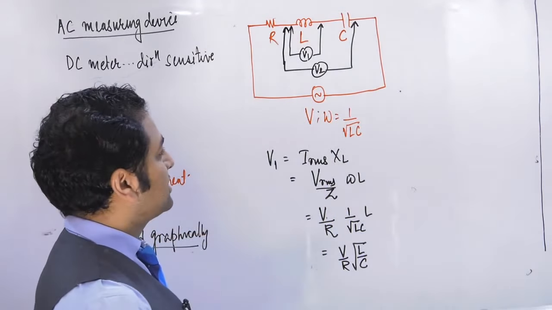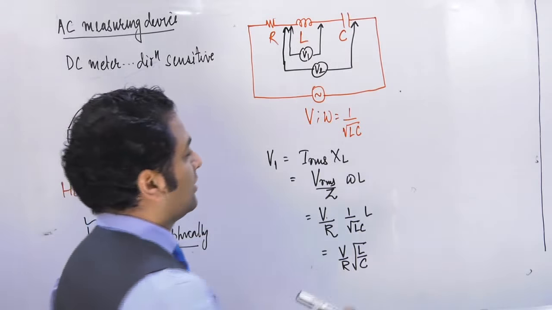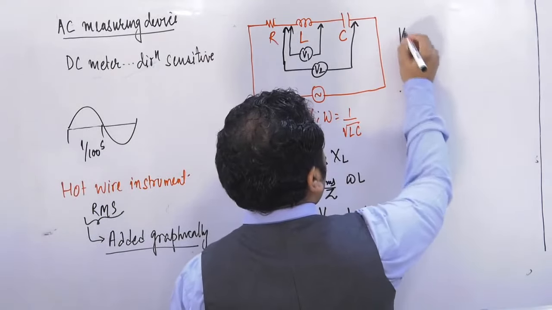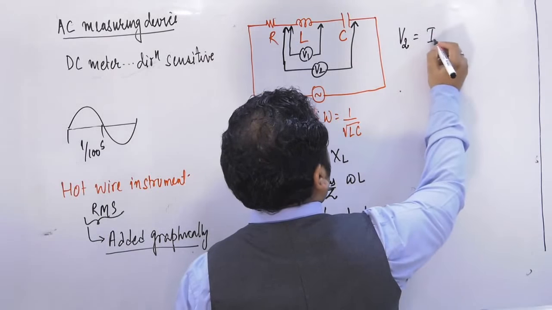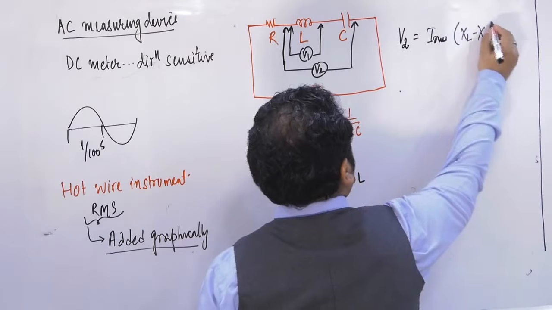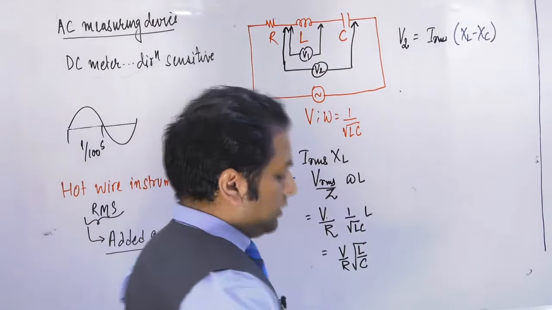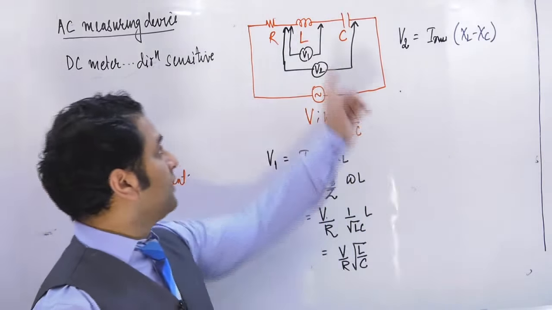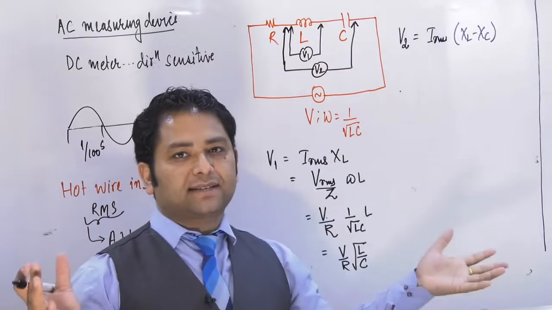And why? Let's try to see the reading for those. Look, the value of V2 will be equal to IRMS multiplied by XL minus XC. Remember, the net impedance of XL and XC is going to be XL minus XC.